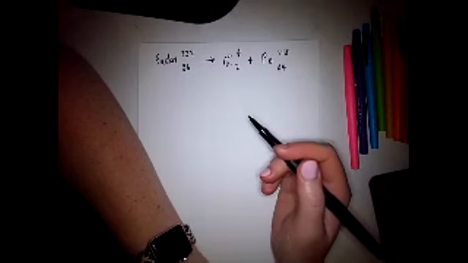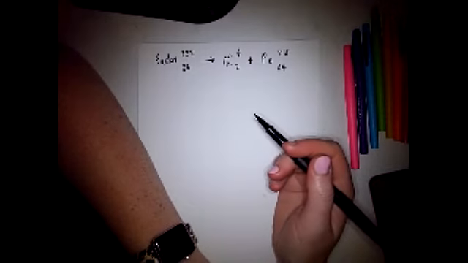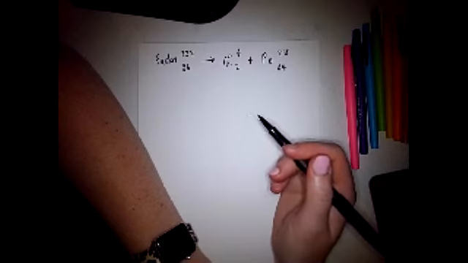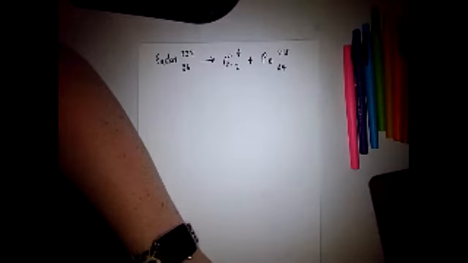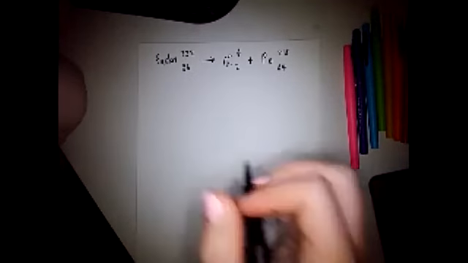So in an alpha decay equation, you take 4 from the mass and you take 2 from the proton number. That is the same with whichever element it is that you are investigating. Okay, so we can summarize that.